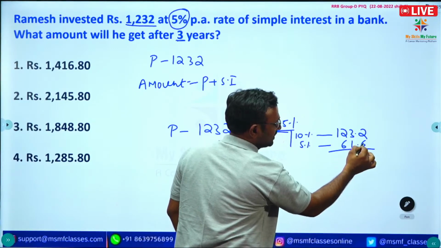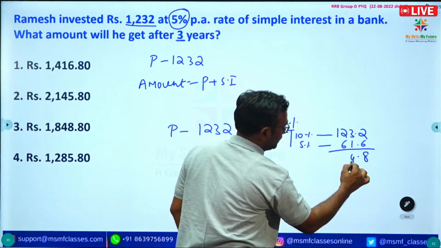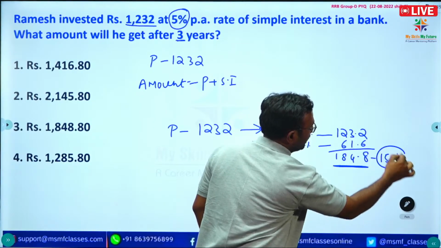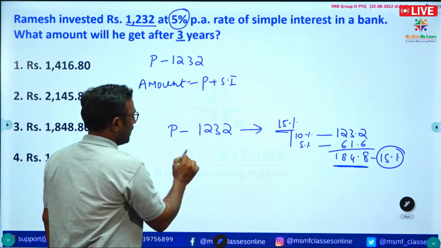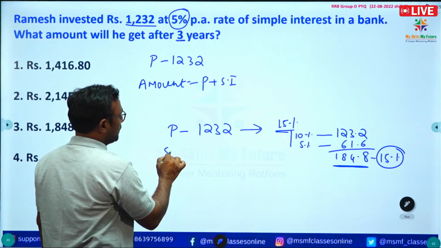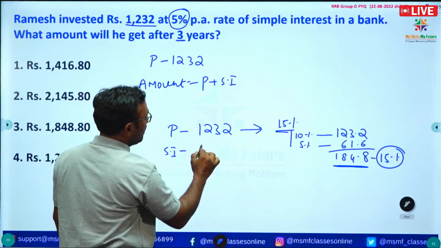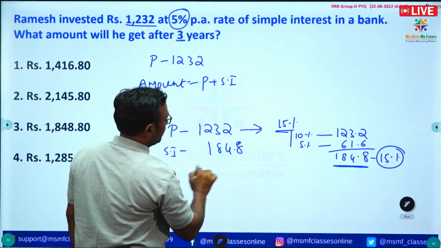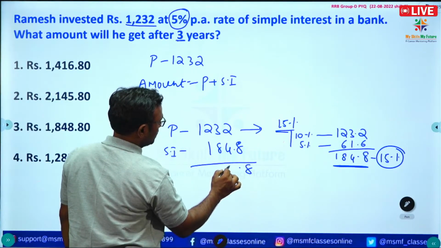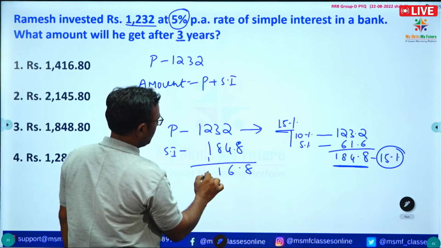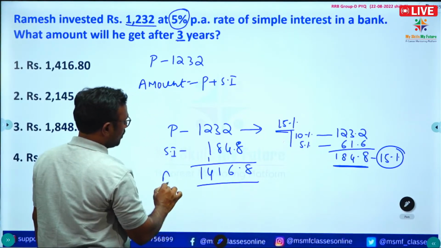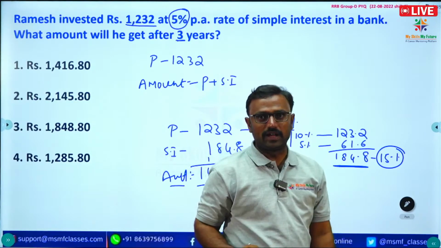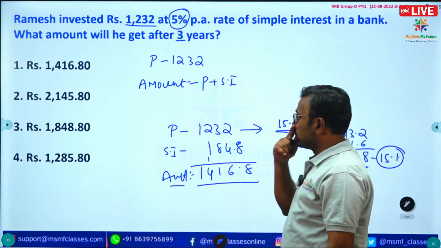This is the 10%, this is the 5%, and together this is the 15%. Simple interest is 184.8. Amount is principal plus simple interest, so amount is 1416.8. So option 1 is correct.